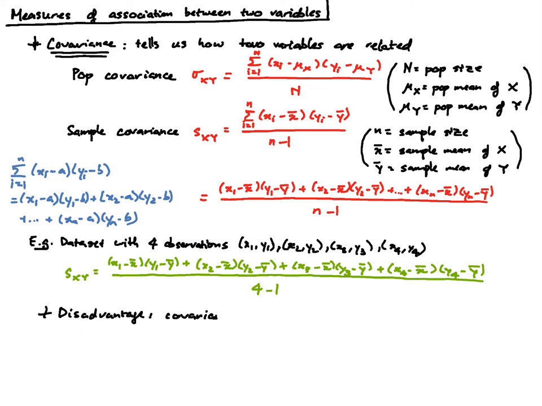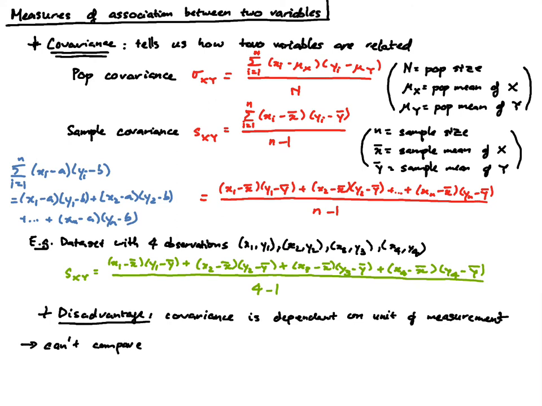So covariance is dependent on the unit of measurement, and because of the fact that it is dependent on the unit of measurement, we cannot compare the strengths of the association among different pairs of variables.